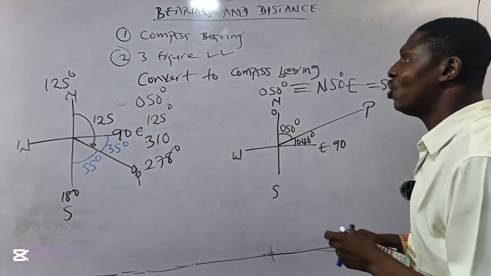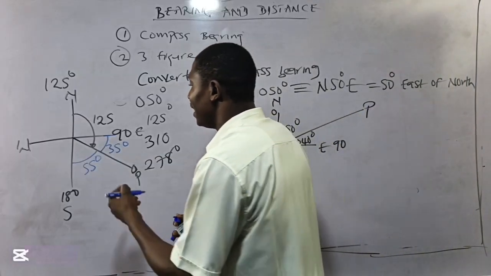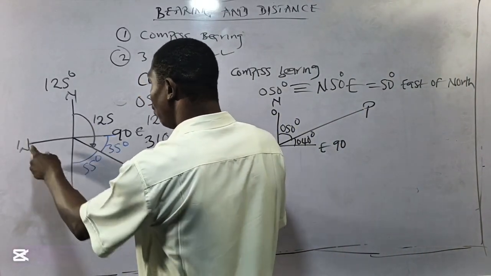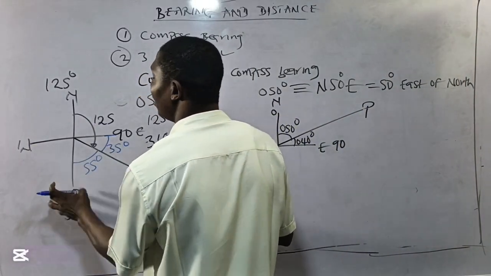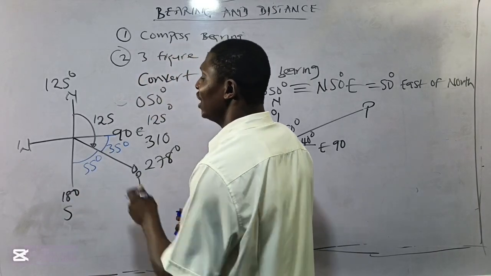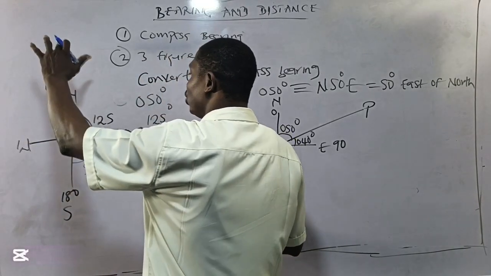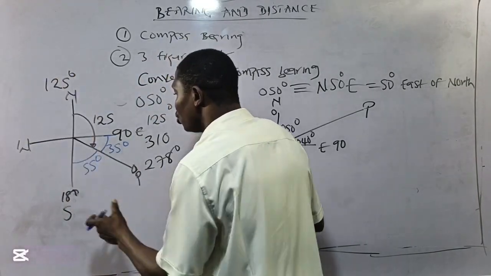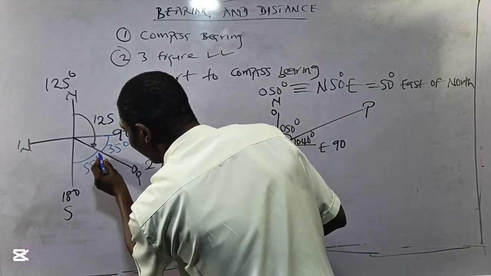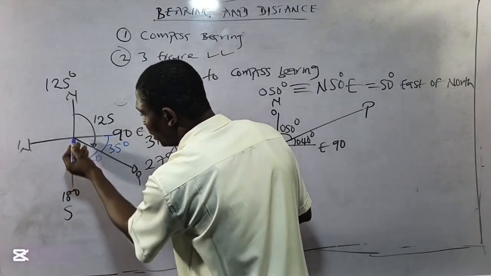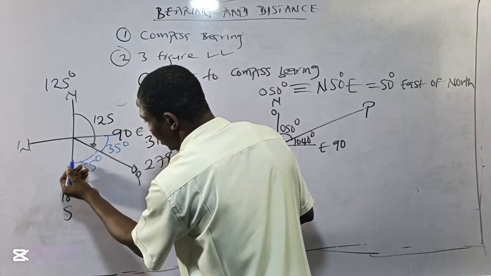So for the bearing of 125 degree in compass bearing, remember I told you compass bearing must start either from the north or from the south. Since the angle formed is below west and east, the angle will be related with south. If it's above west east, it will be represented with north. So this angle therefore is the angle inclined with this vertical south direction.